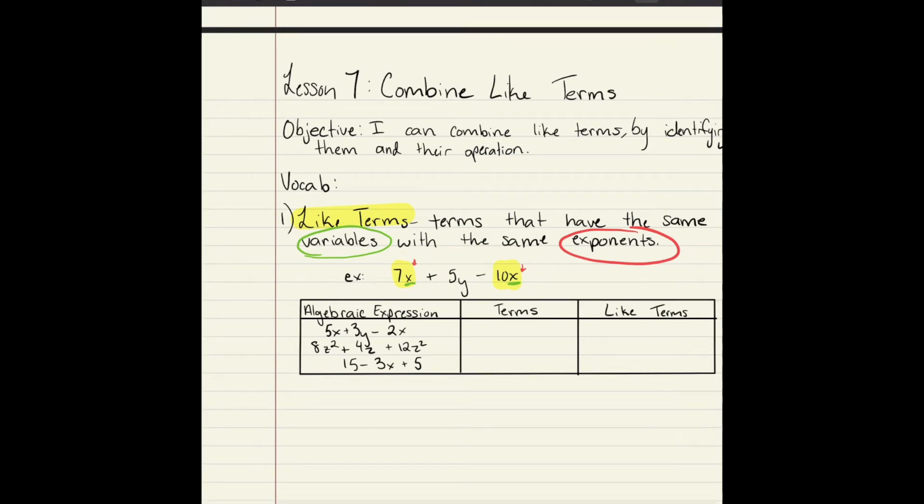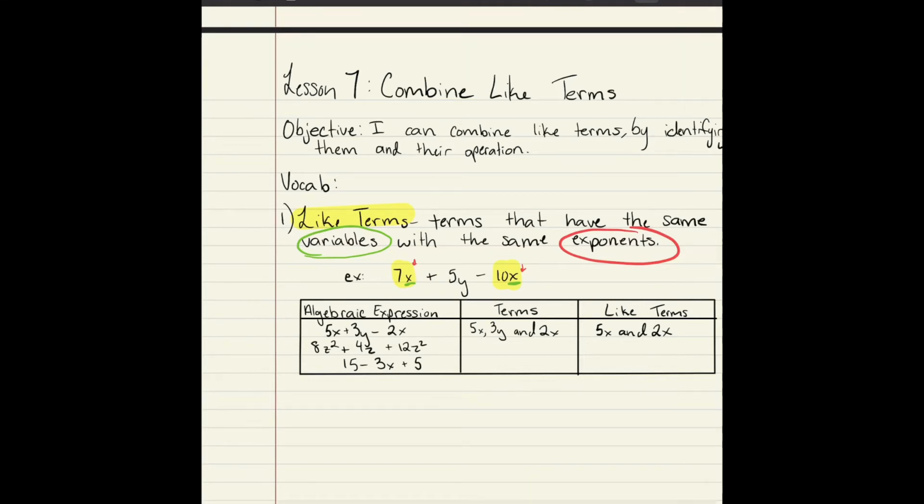So our terms in this first expression are 5x, 3y, and 2x. But our like terms, ones that are alike, are 5x and 2x because they have the same variable and exponent.